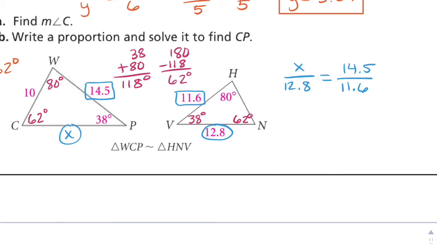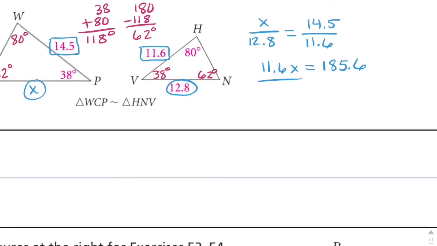So I'm going to do 11.6 times x is 11.6x, and then I'm going to do 12.8 times 14.5 in my calculator. I get 185.6. So divide both sides by 11.6, and we get x equals 16.